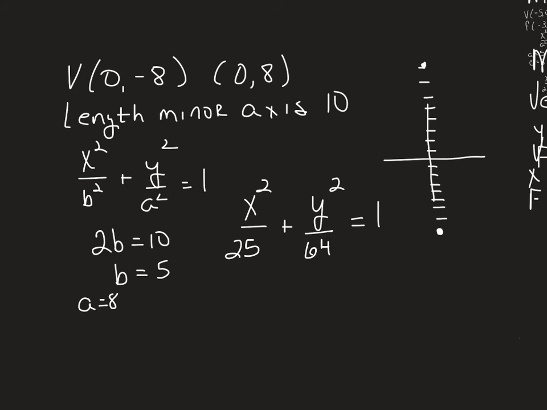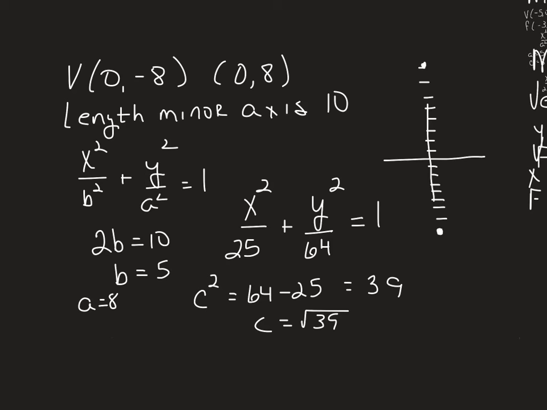If we needed to find the foci, c squared is 64 minus 25, which is 39, so c is the square root of 39, which would be a little bit more than 6 if we were going to draw that.